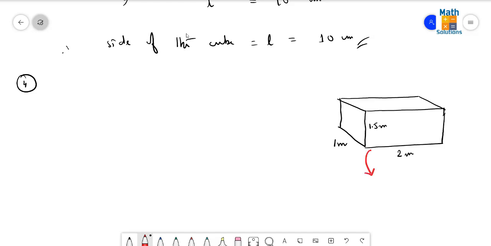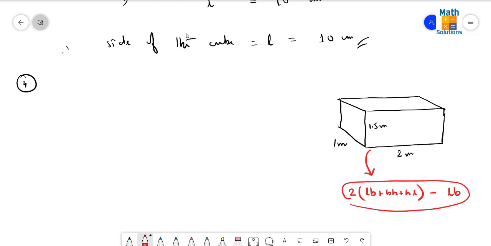Means whatever total surface area we shall be having, actually this is a cuboid in shape, its total surface area is twice LB plus BH plus HL, but she has left the lower surface. So the lower surface area measurement will be of course LB. Therefore putting the respective values in this particular expression, we shall be getting the required result.